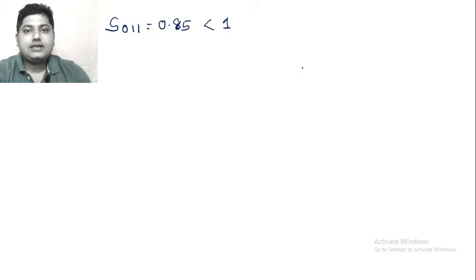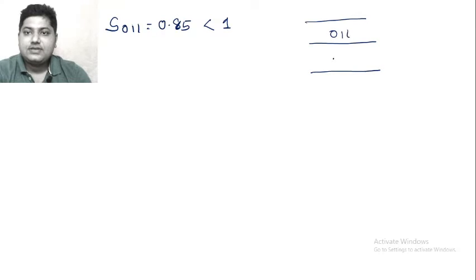So we can conclude that oil will float on the water. If you draw the phase diagram, oil will be on the top side, then water, because its specific gravity is 0.85, which is less than 1.